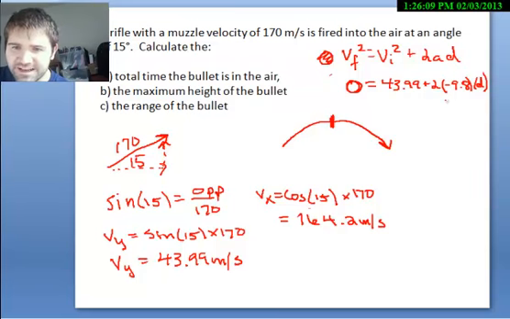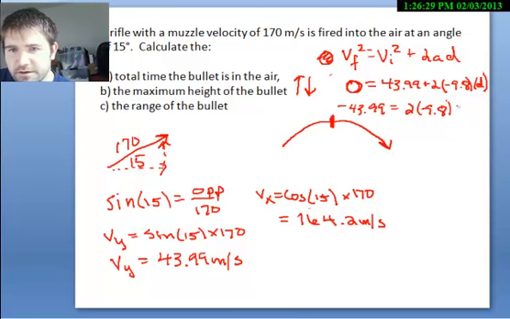Now, why did I use negative 9.8 as the acceleration? Because the initial vertical velocity was upwards and the acceleration is downwards. So we have to show in our math that those are opposite. So negative 43.99 equals 2 times negative 9.8 times, whoops, I'm supposed to do that squared. Let's try this again.